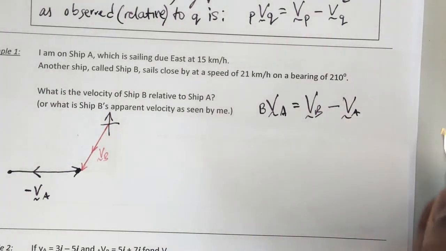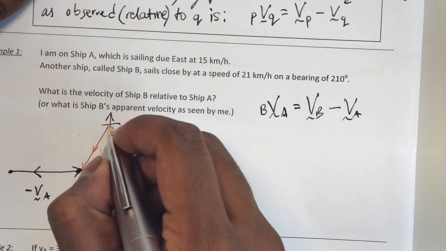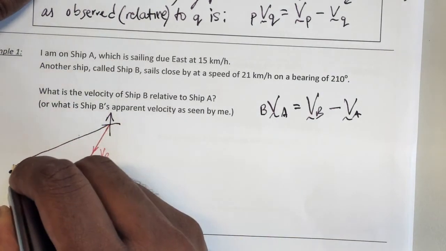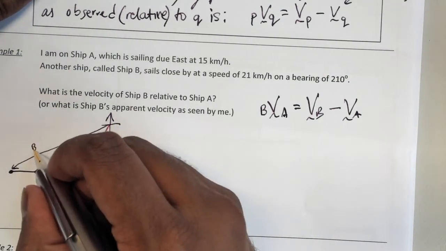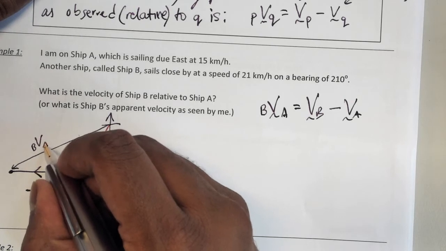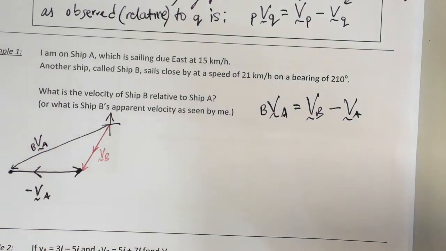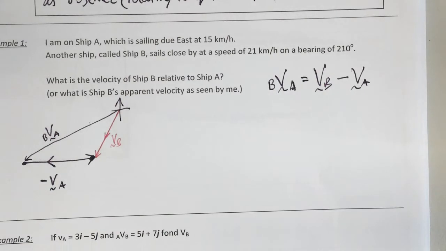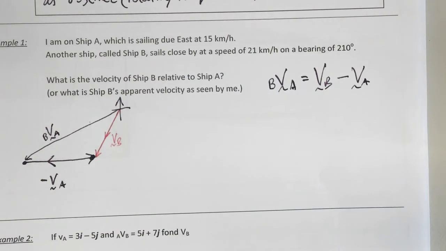So what I want to do is basically find this. Just like the other stuff. Yes, exactly the same as the other stuff, except we're dealing with velocities. But the concept is very, very similar, yes. Alright.